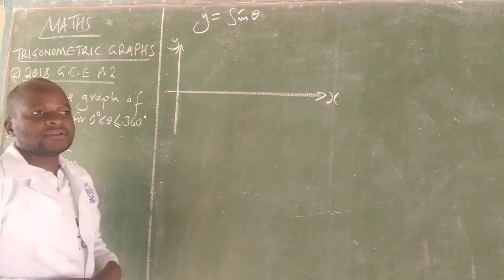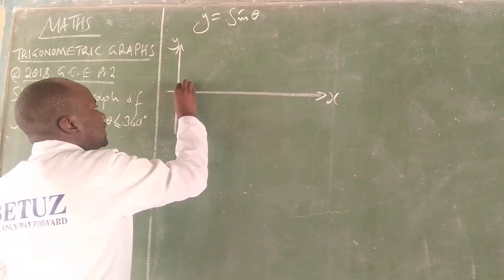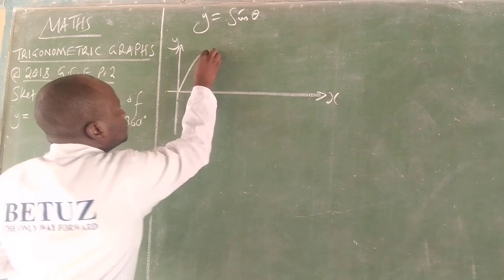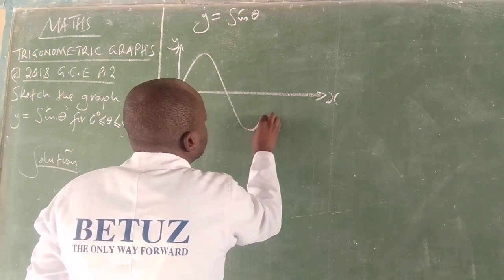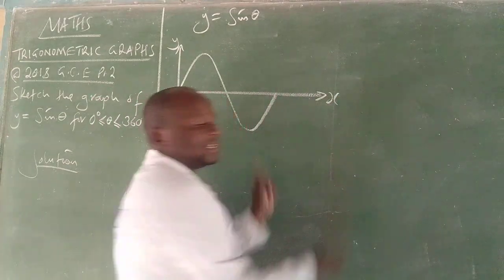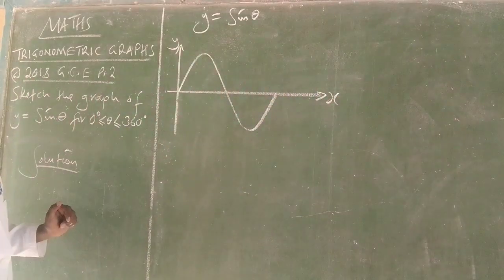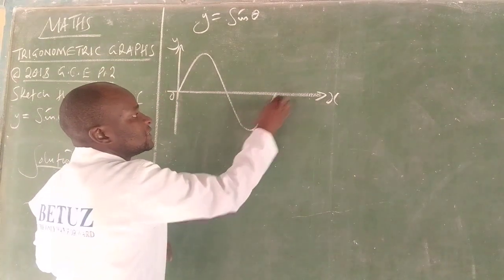So because our sine graph starts from 0, making an S, it goes like that. It keeps on going like that. It makes a wave. So now, here we put a 0, and at the end here we put 360.